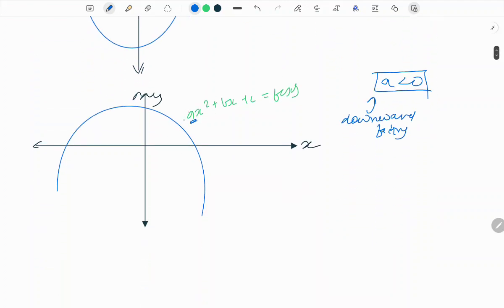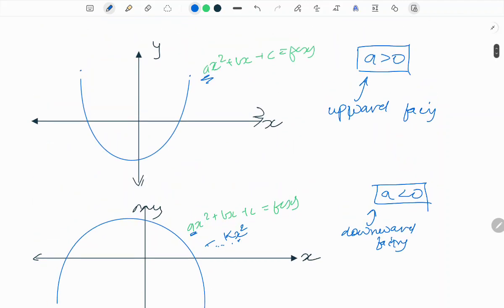And if a is less than 0, the term would be minus some constant k times x square. If we put x equal to negative infinity, the term would be negative, so the graph would be over here. And again, if we put positive infinity, still the graph would go down. So the points are like this.